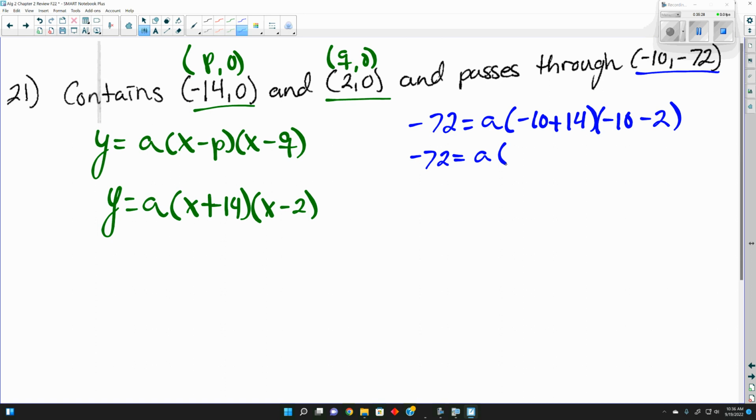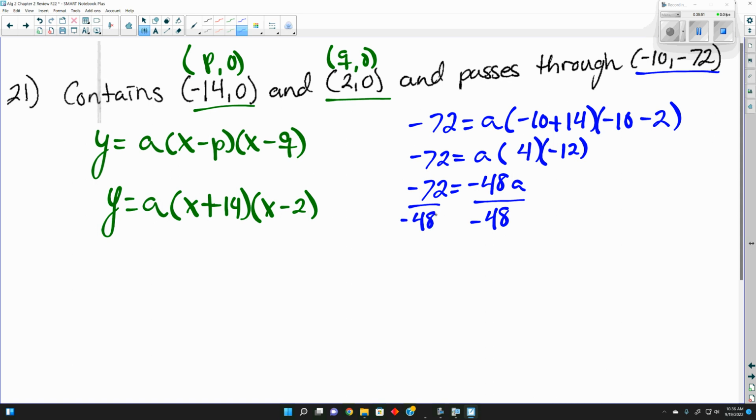Well, negative 10 plus 14 is 4. Negative 10 minus 2 is negative 12. Now 4 times negative 12 is negative 48. And last but not least, we need to divide both sides by negative 48.